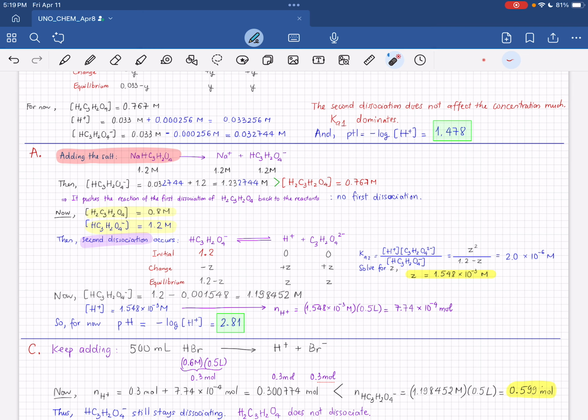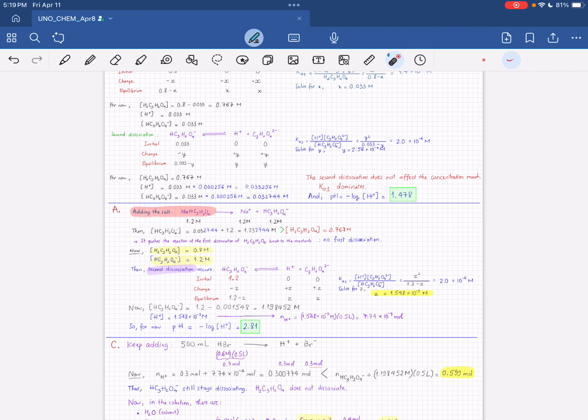So this is the final concentration of the proton. If we simply use the pH equation for this concentration Z, we find that the pH is around 2.81. Okay, so that's if we add the salt which is hydrogen malonate.